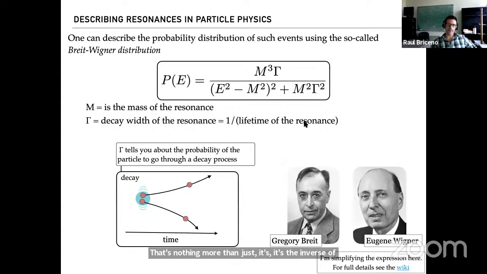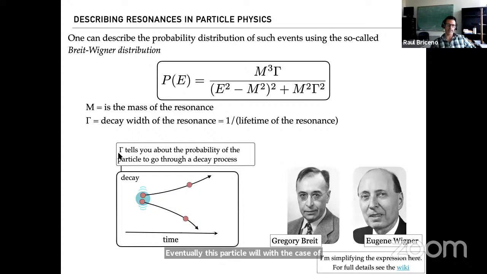So if the particle lives 1 second, then gamma is 1/1 second, okay? That's all. It's nothing too crazy. We call that the decay width because it's related to the width of the peak, okay? And so gamma is telling us about the probability of the particle to then decay to 2 particles, all right? And as a function of time, eventually this particle will decay.